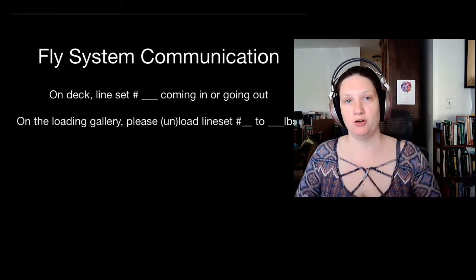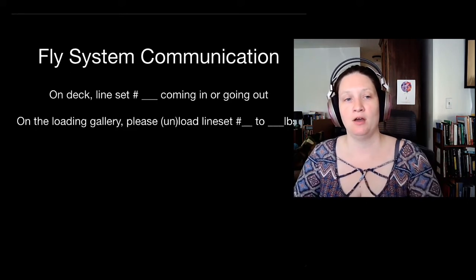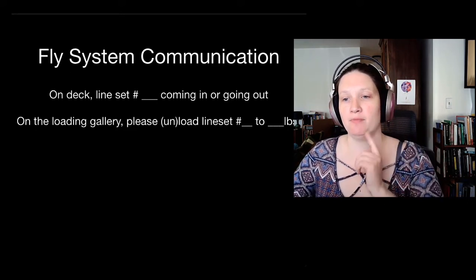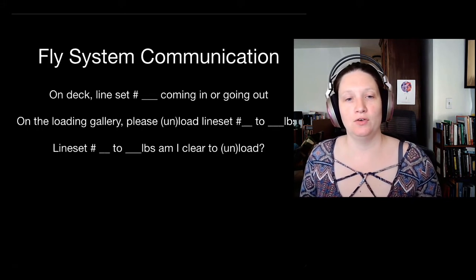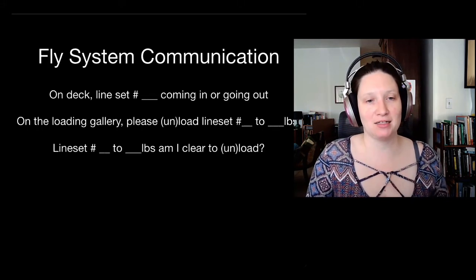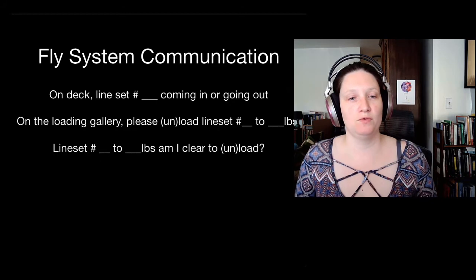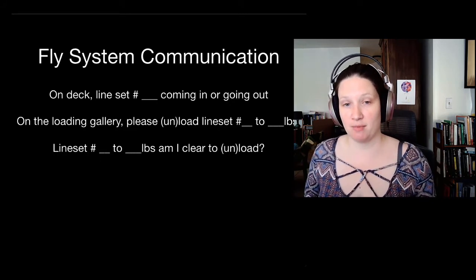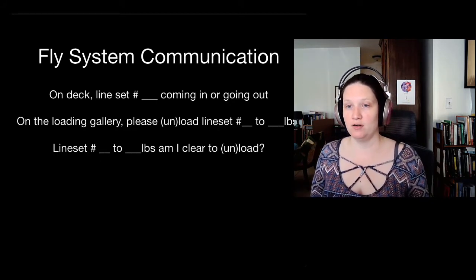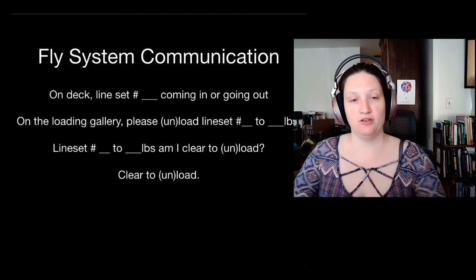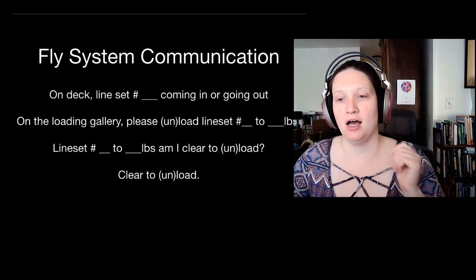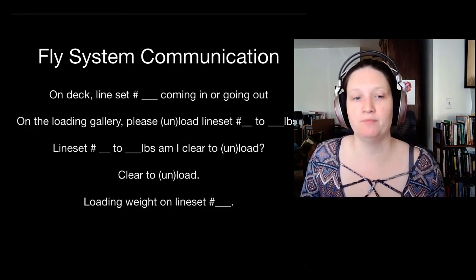So you communicate with them what needs to happen once you're clear on deck, okay? Then you will hear them respond, line set 4 to 25 pounds. Am I clear to load or unload? You confirm and you say you're clear once everyone is out of the way, right?